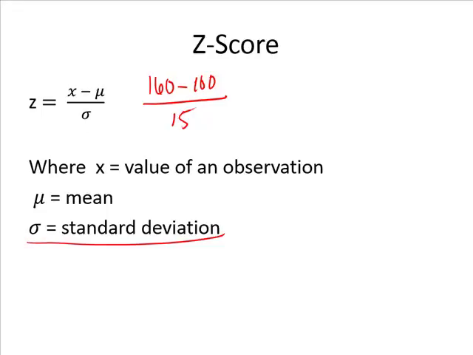According to Google talkie person. That doesn't have a name, does it? It's not like Cortana or Siri. Does the Google talking lady have a name? No. Google lady. She who Googles, Google says that the standard deviation of an IQ test is 15.